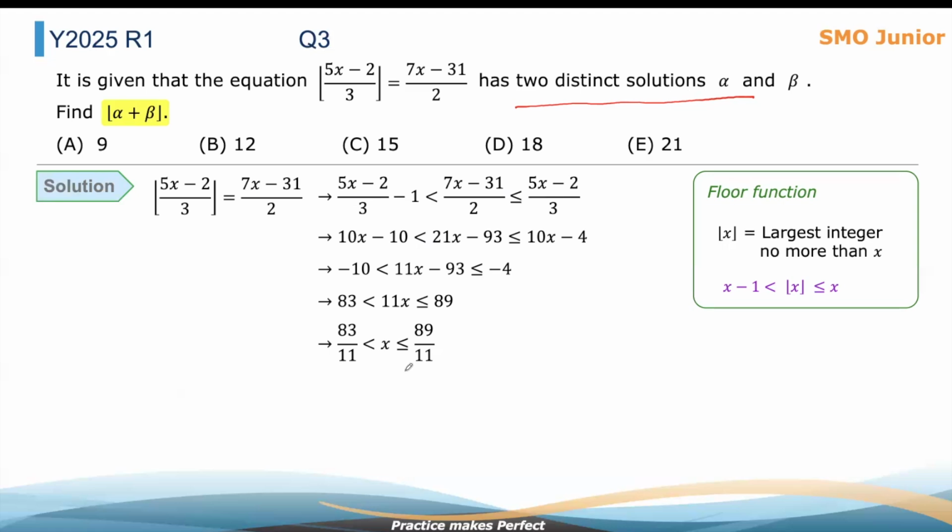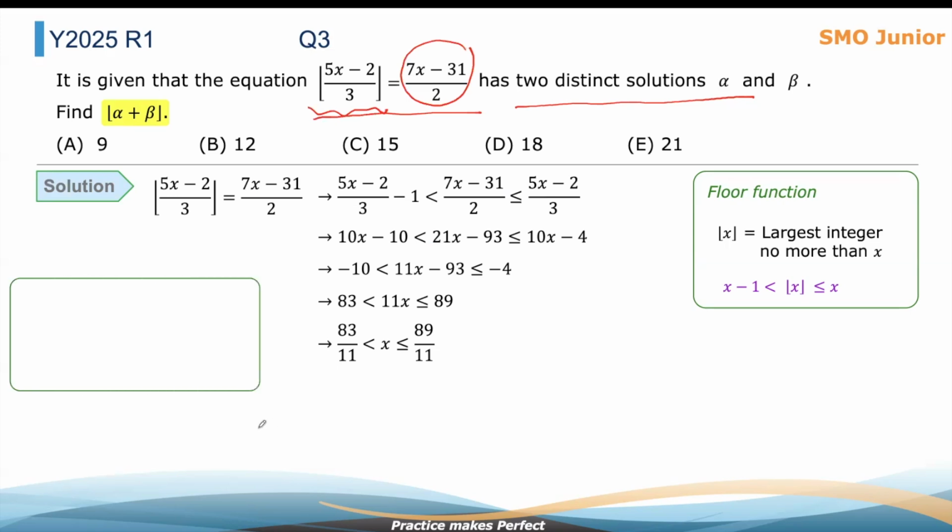But how to determine the value of x? From the original equation, because the floor function is always an integer, this part should be an integer. (7x minus 31) over 2 is an integer. We let this integer be k.